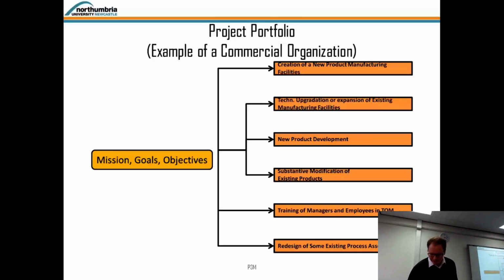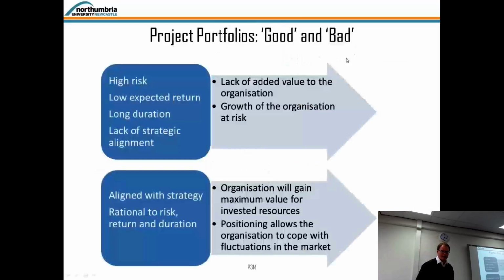Now we come to the next step, and I have to explain a little bit about this. We have to understand what a good portfolio is and what a bad portfolio is. And that is a guessing game. Which one do you think is a good one and which one is a bad one? So one is high risk, low expected return, long duration, lack of strategic alignment, leading to lack of added value to the organization and growth of the organization at risk.